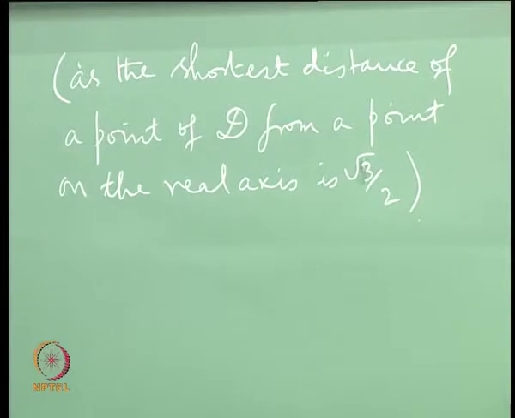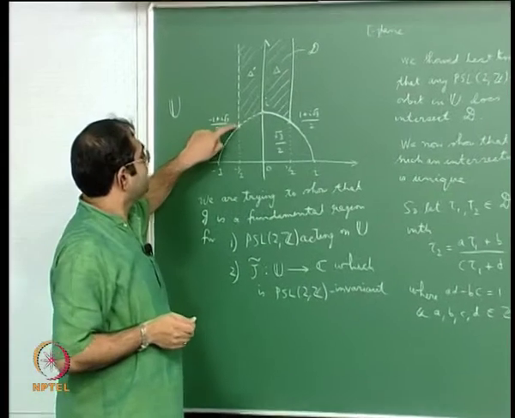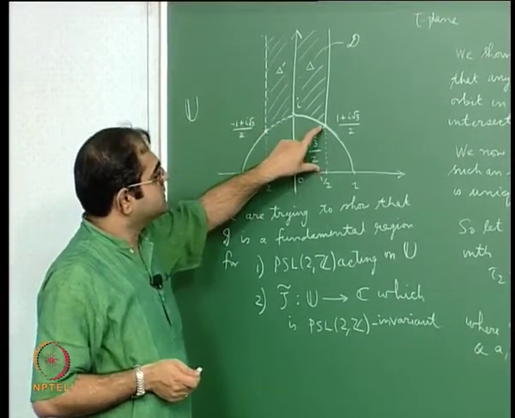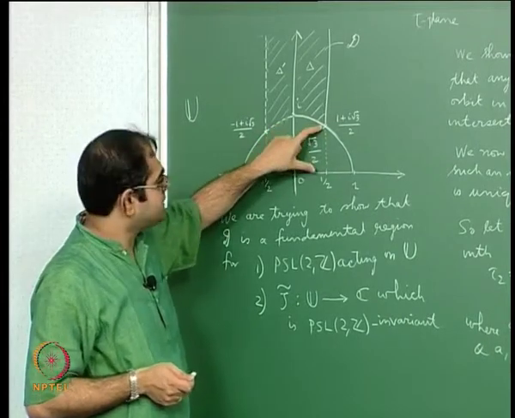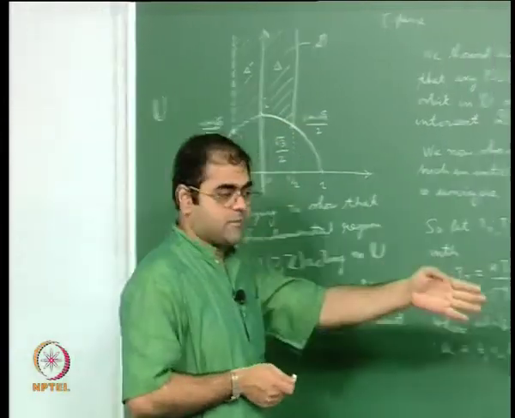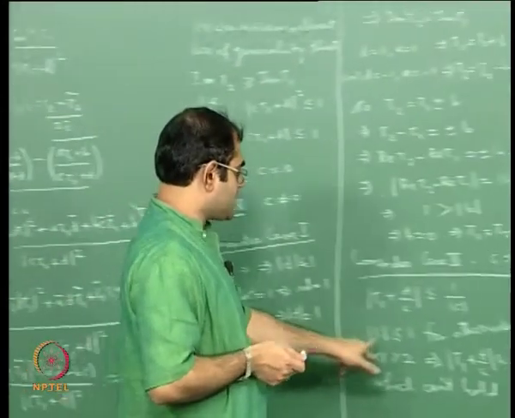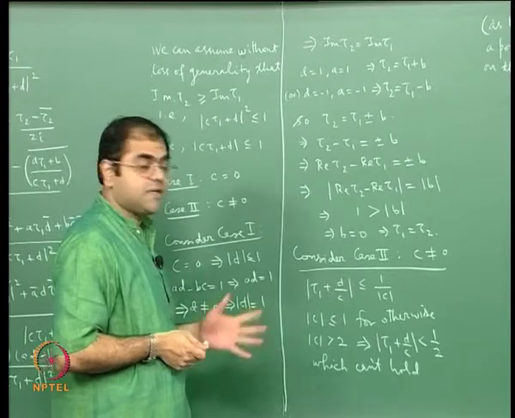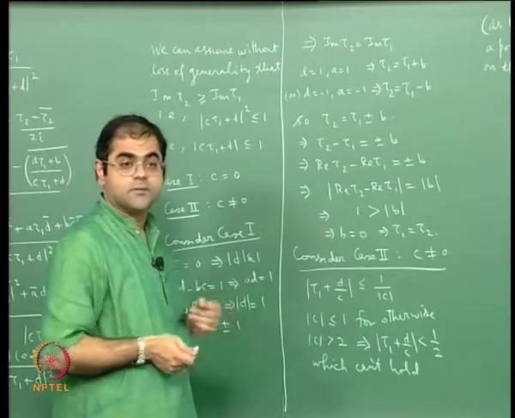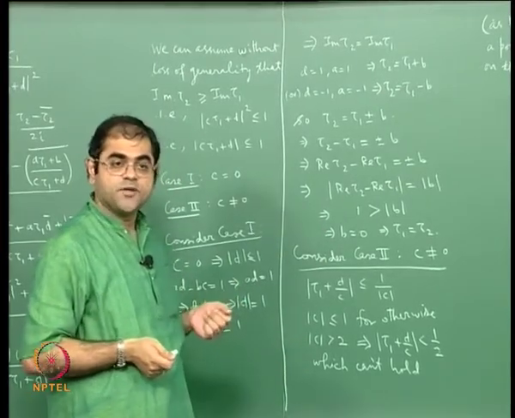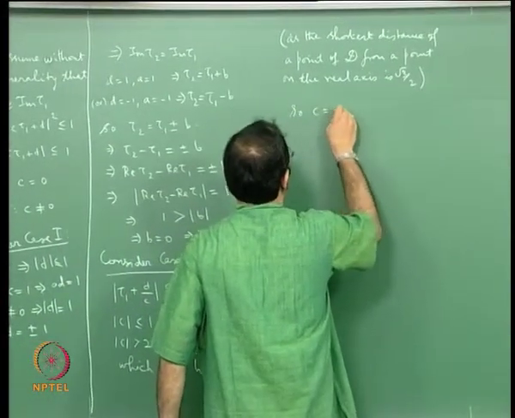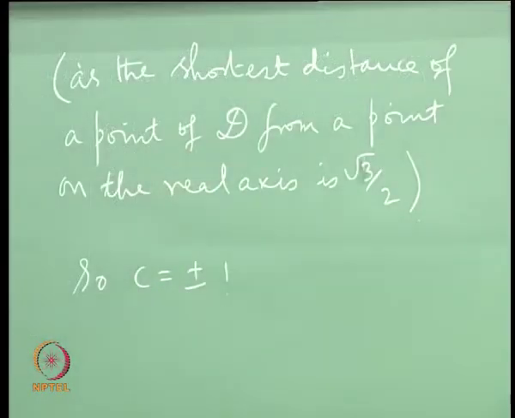The shortest distance is root 3 by 2, that is attained only at this point, not even at this point, because this point has been removed. So this is the point which will have the shortest distance, and the shortest distance will be root 3 by 2, so it can never be half, so this can never happen. So the moral of the story is mod c is less than or equal to 1. And c is of course not 0, so it means that mod c is 1, so c is plus or minus 1. So c is equal to plus or minus 1, this is what you get.